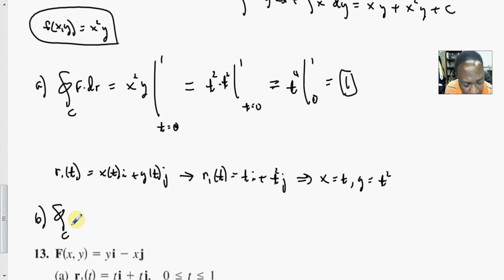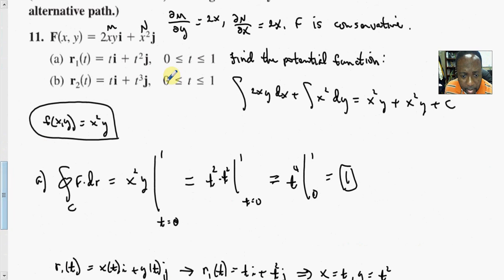And what about part B? The line integral of F dot dr is evaluated by the potential function, as t goes from 0 to 1. Now for this one, x is t and y is t cubed.